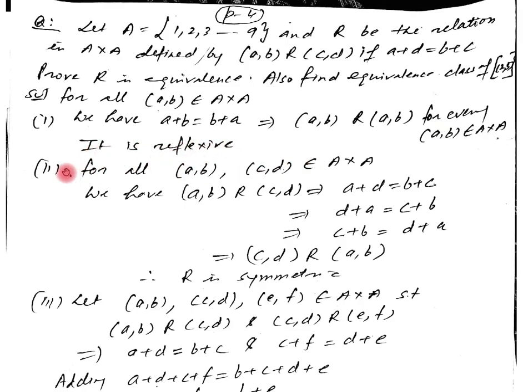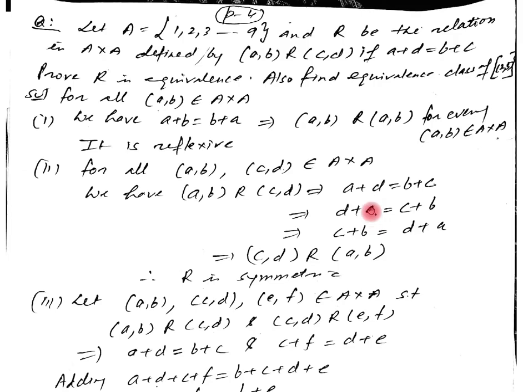reflexive. Now for the symmetry, let's consider two elements from here. Let (a, b) and (c, d) belong to A cross A. Now we have to prove that if (a, b) is related to (c, d), then (c, d) is related to (a, b). If (a, b) is related to (c, d), then we can write a plus d equals b plus c.